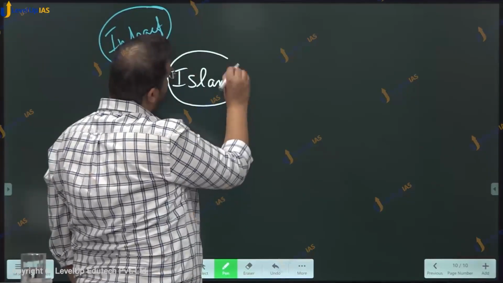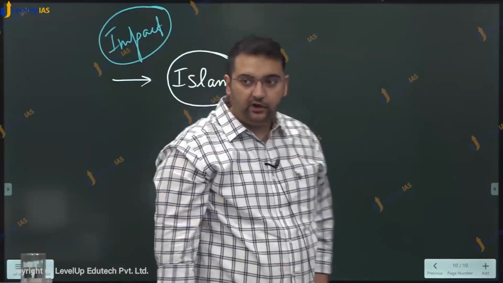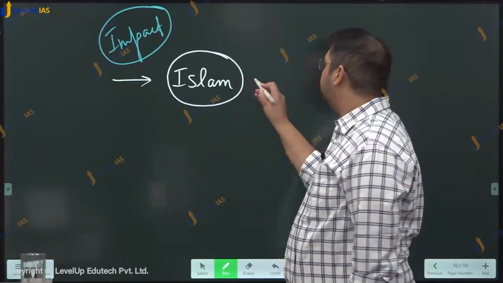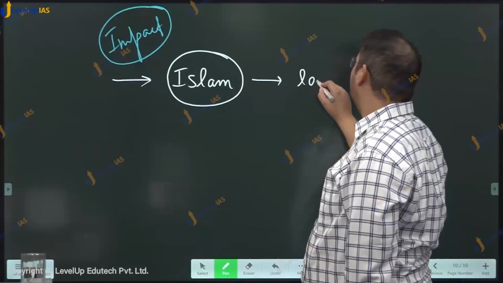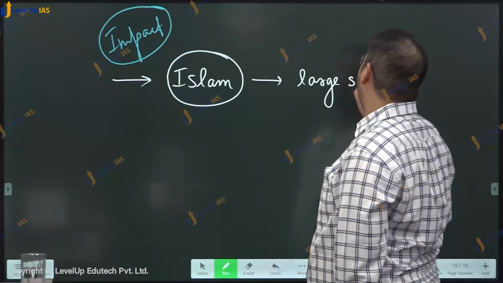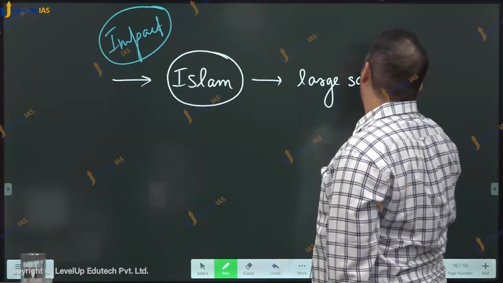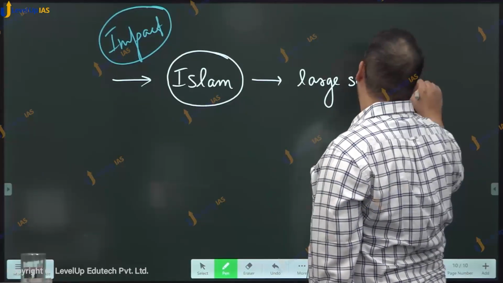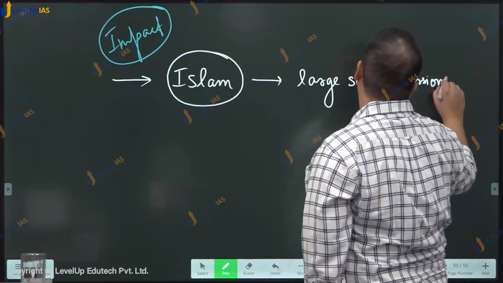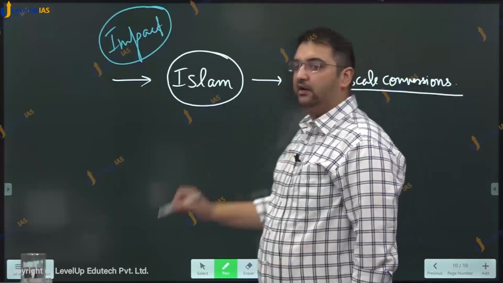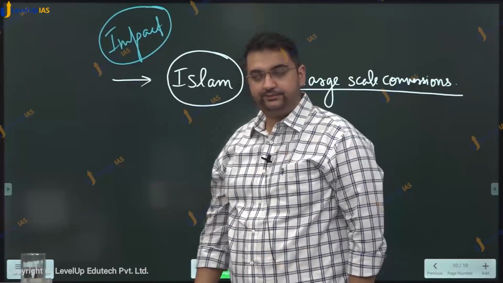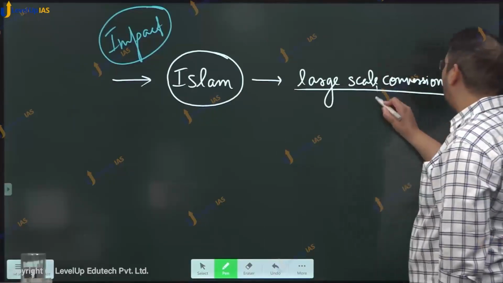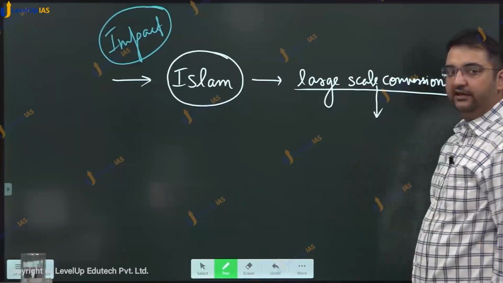Islam in a major way in the region of Sindh. There were large scale conversions brought on by which set of factors?